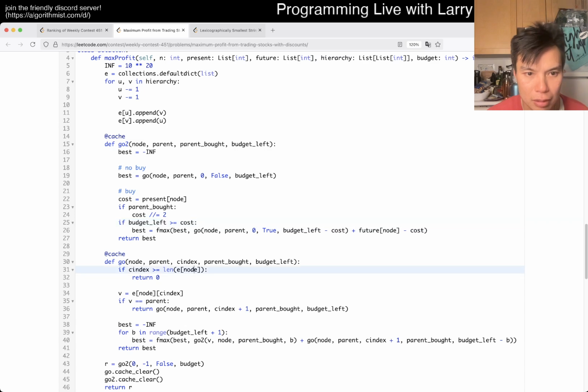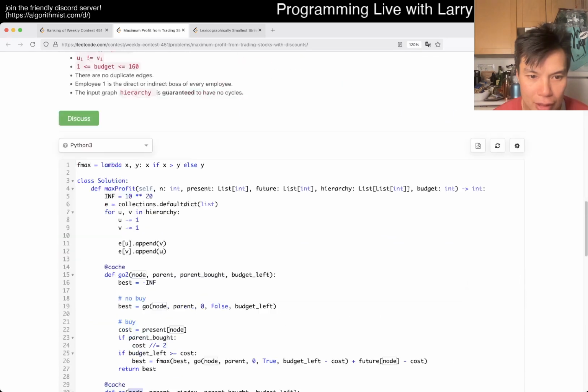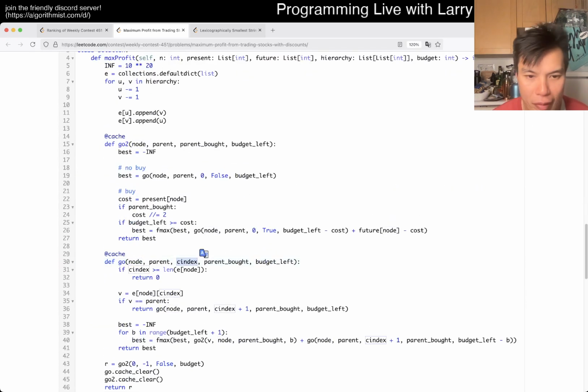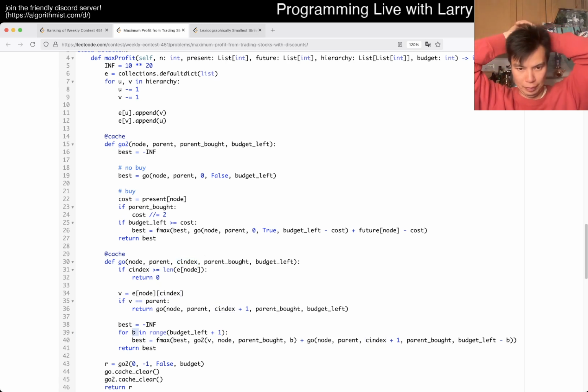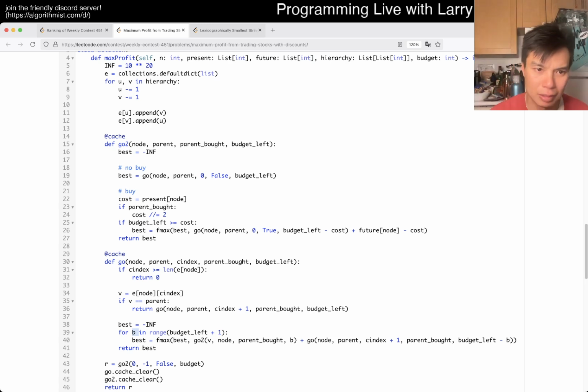Because this is pretty, what is this? 160, this is 160. This is a little bit iffy, and this is the only part of the loop. Can I do a little bit better on the loop? I don't know, to be honest. All right, let's see if I can ChatGPT this into another language.